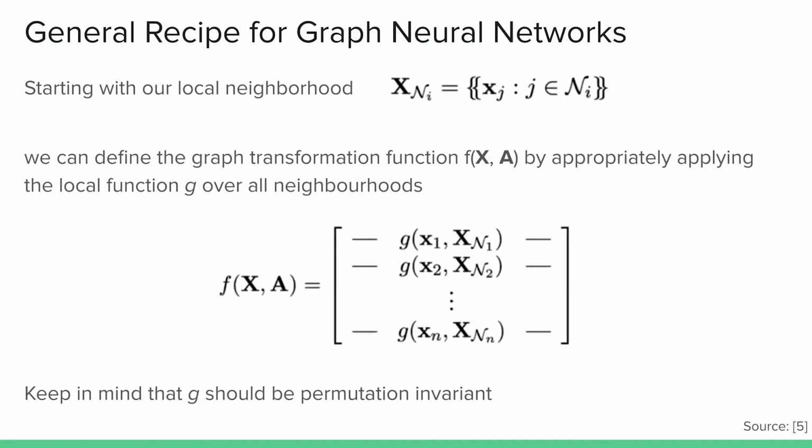When you want to process something on a graph and you take this idea of, okay, I want to only look at a small part of my input image, what would the corresponding concept be in graphs? Well, we want to process information from our local neighborhood. We have a node and we want to process information from the neighborhood of that node. Meaning we can define a graph transformation function mathematically, f of x and A, by appropriately applying a local function g over all neighborhoods.